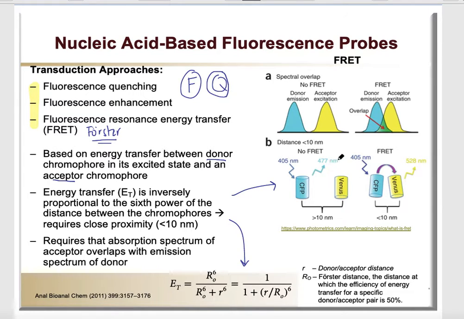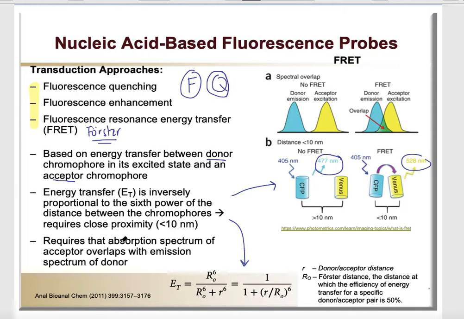So you'll see a clear difference in the wavelengths of emission, and that's a direct indication that the proximity of those two molecules has occurred. And again, I'm going to show you in a little bit how we set up our biosensor to change the distance between these things to indicate binding to the target molecule.